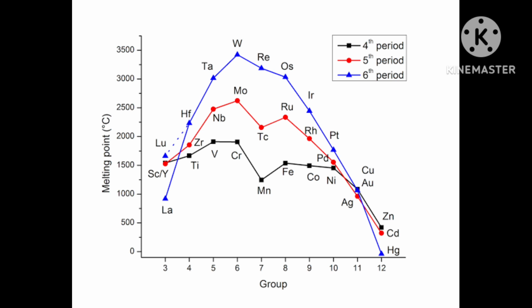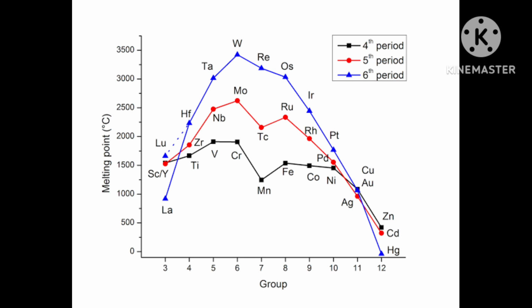If it is easy to remove the electron, then less energy will be required to remove the electron from the outermost shell. If the size is small, then the nucleus will attract the electron, correct? Then it is difficult to remove the electron.